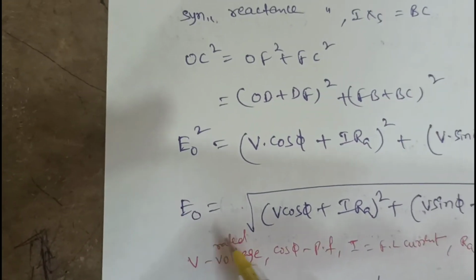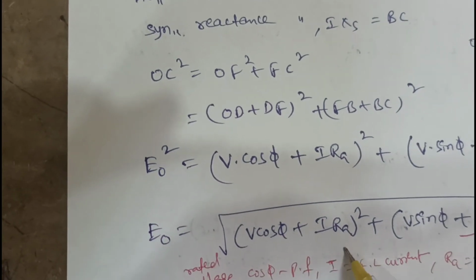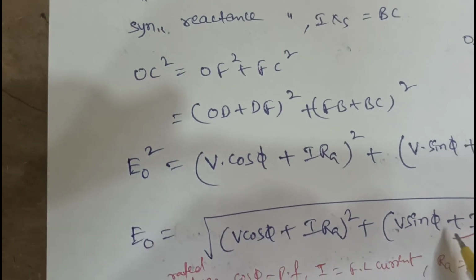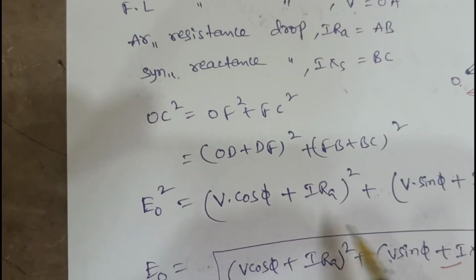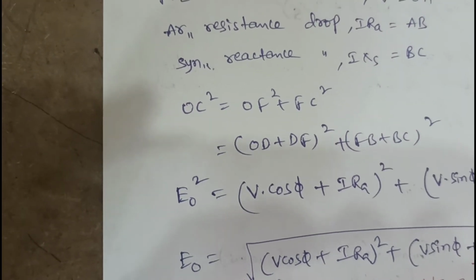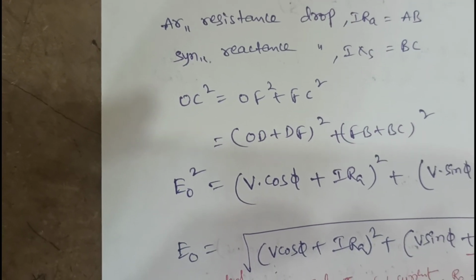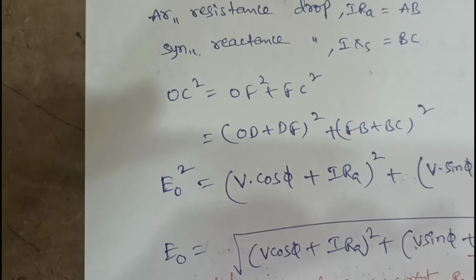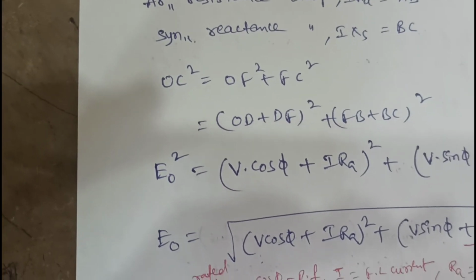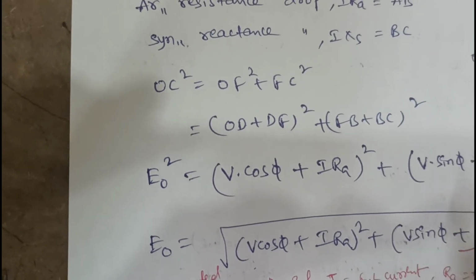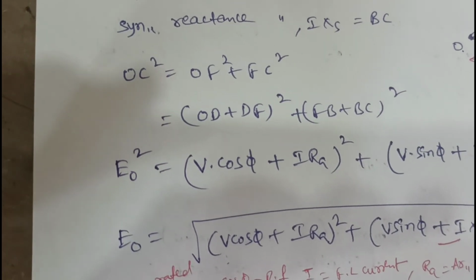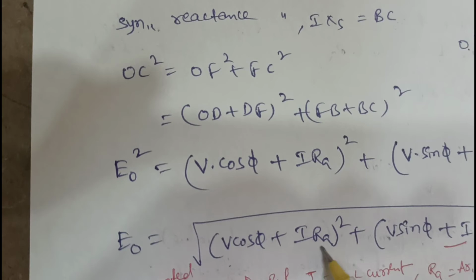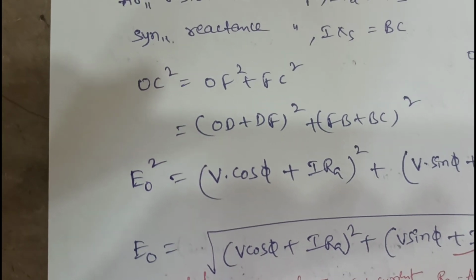Finally, E naught is equal to the square root of (V cos phi plus I RA) whole square plus (V sin phi plus I XS) whole square. Here V means voltage, cos phi means power factor, I means full load current, XS means the synchronous reactance, and RA means the armature resistance.